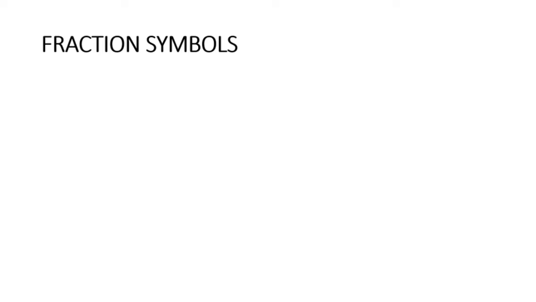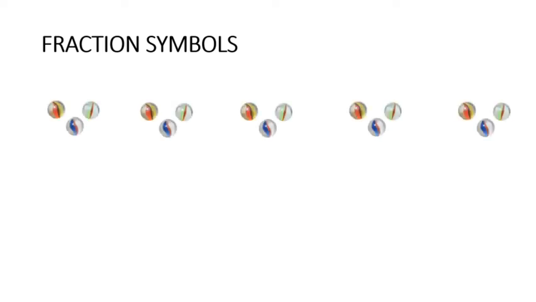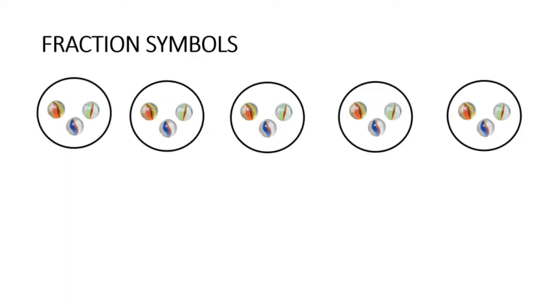Now let us take this for example. Here we have 15 marbles. If we were to group these marbles into equal groupings, let's call these groupings sets. So we have 5 sets of marbles. Each set would be fifths. Why?